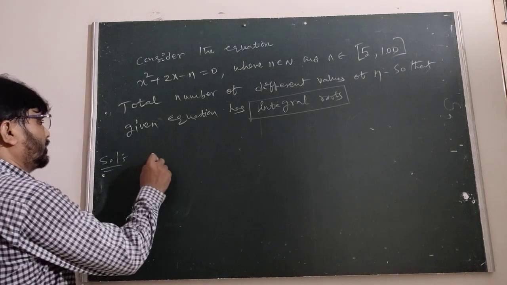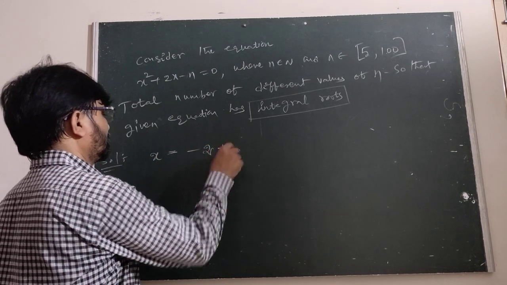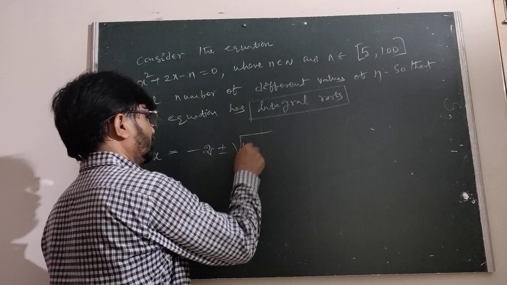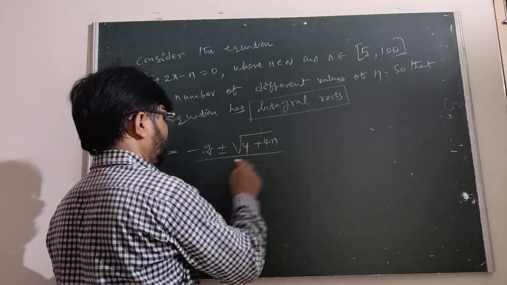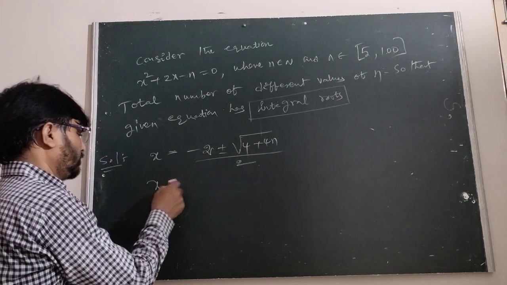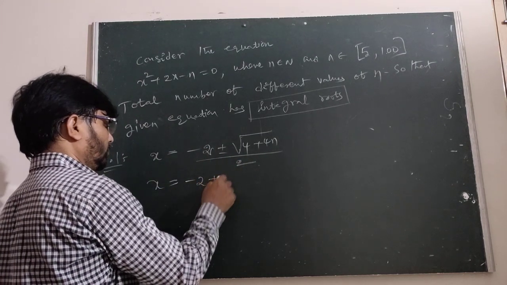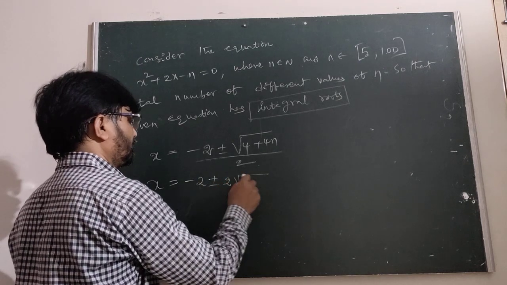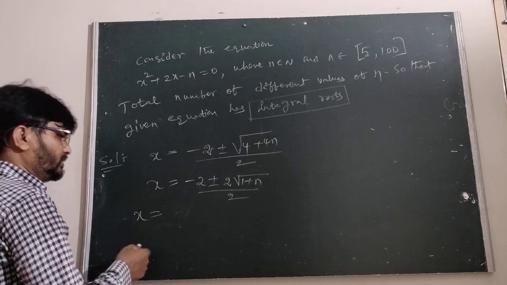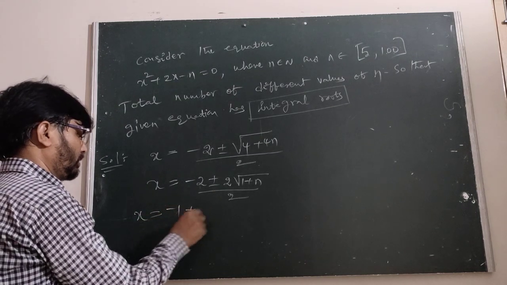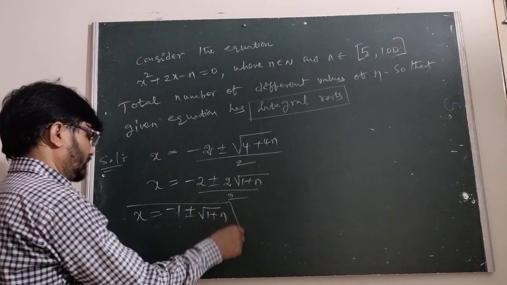Therefore, we take x equal to minus b plus or minus root of b square minus 4ac by 2a. Here x equals (2 plus or minus root of 4 plus 4n) by 2, that is x equal to minus 1 plus or minus root of 1 plus n.